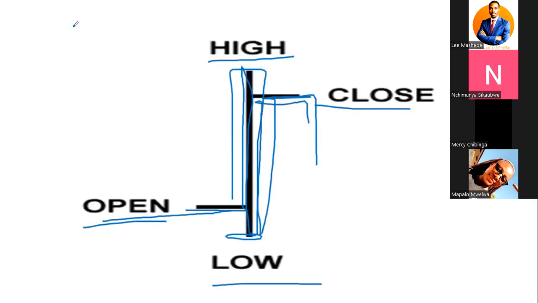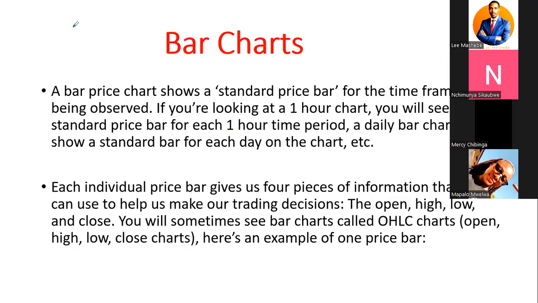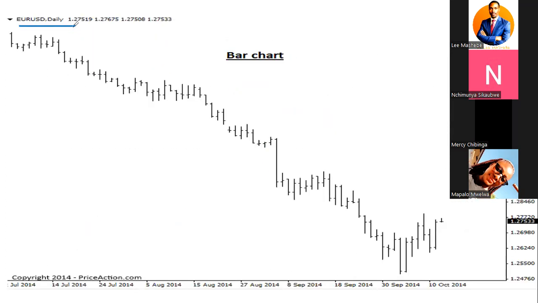Remember, we were looking at a line chart. Now we have changed the line chart to a bar chart. So this is how a bar chart looks like. We are looking at the same market, but using different types of charts.